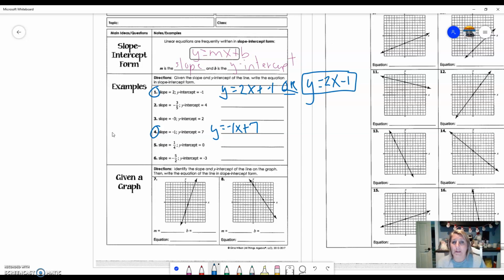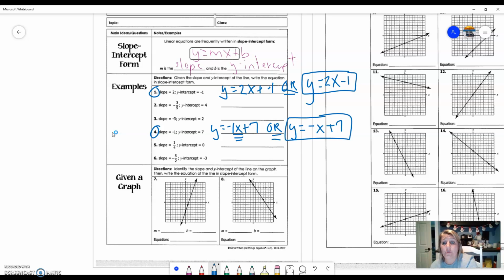The thing is, what you're going to see with this -1x here, they're not ever going to write that 1. It's always assumed that whenever you have a variable, there's a 1 out in front of it. So how you're always going to see it is y equals, instead of -1x, it's going to say -x plus 7.